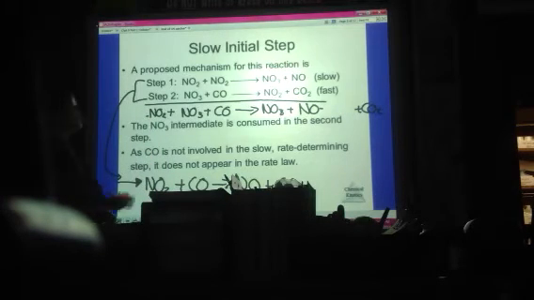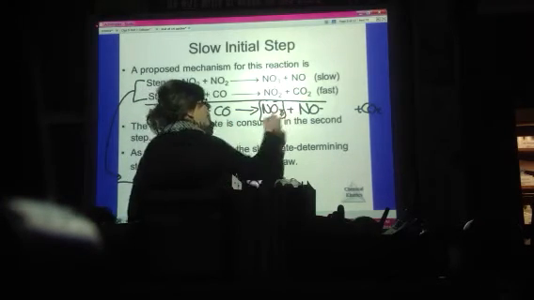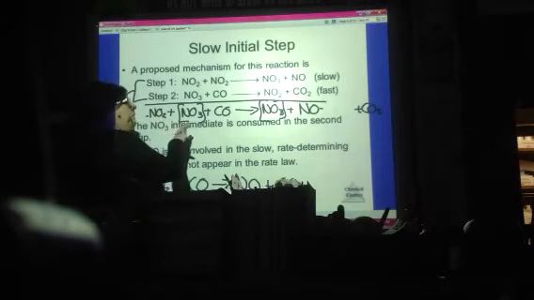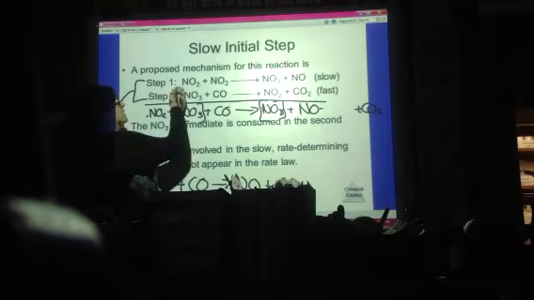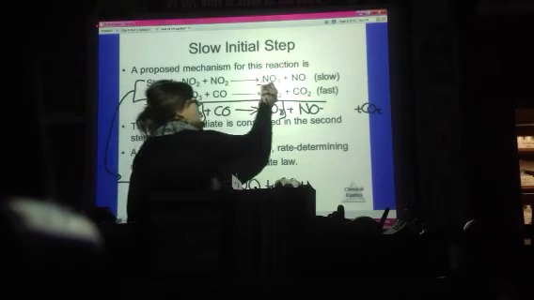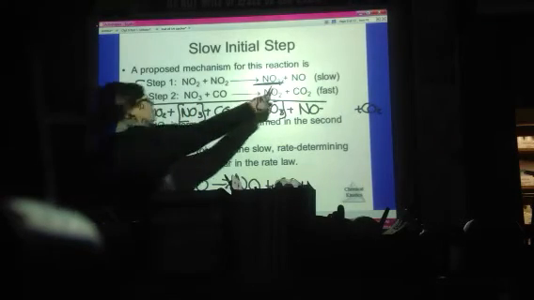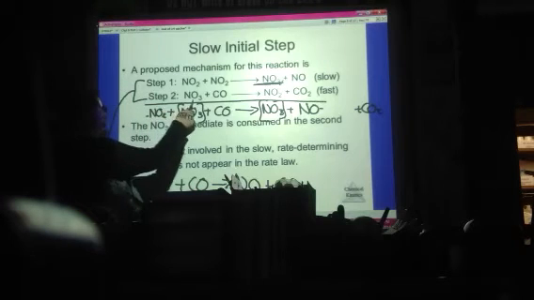One thing that I have in common on both sides is this NO3. I'm writing this in brackets because the brackets indicate that it's the intermediate. In this first step, I produced NO3. Because I produced this, it can now become a reactant in the second step, which it does.